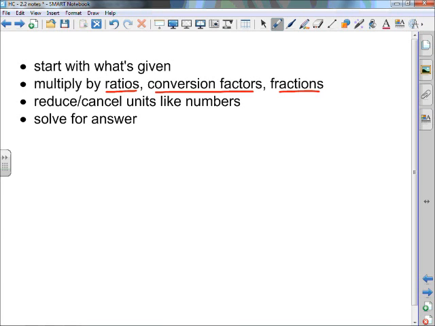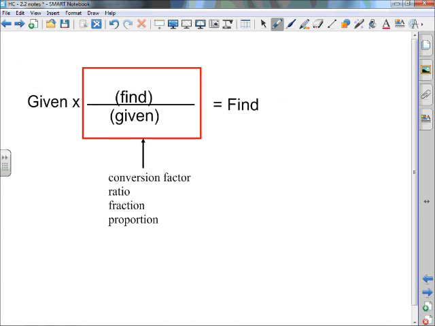So, what I have here is sort of a little skeleton box set up. Here's how every calculation would be. You're going to start by writing down the measurement or the number that's given, and then you're going to multiply by the conversion factor or several conversion factors.